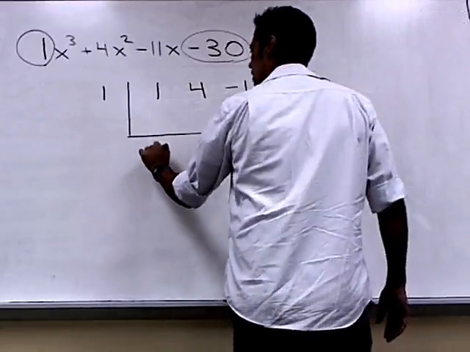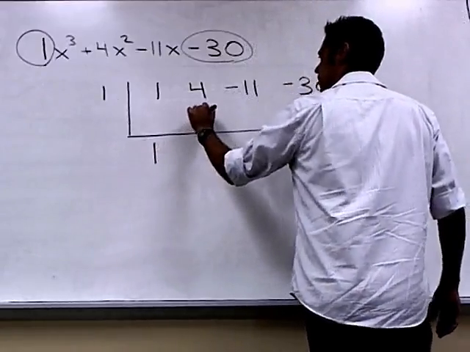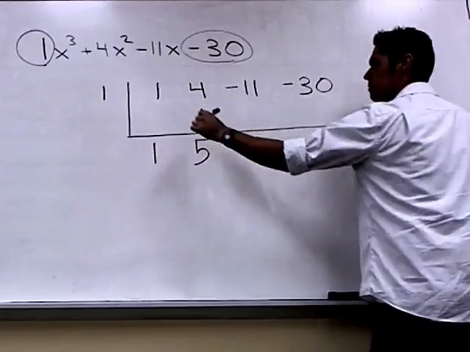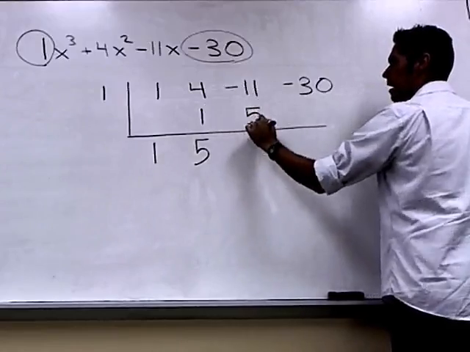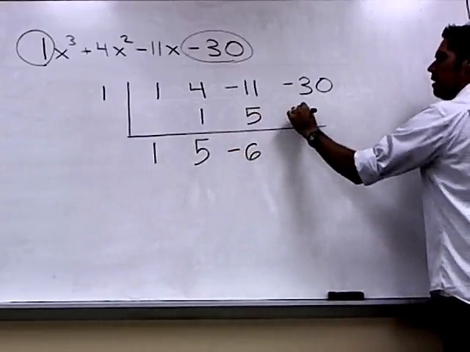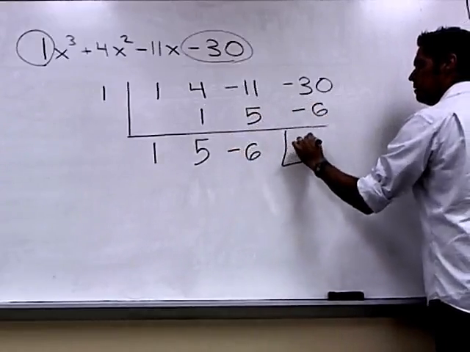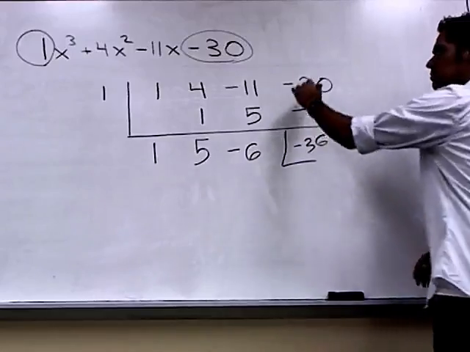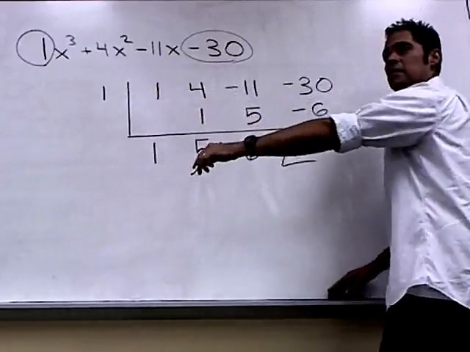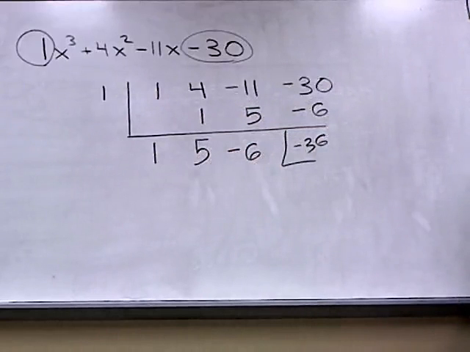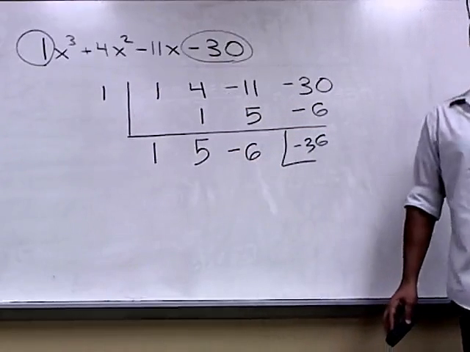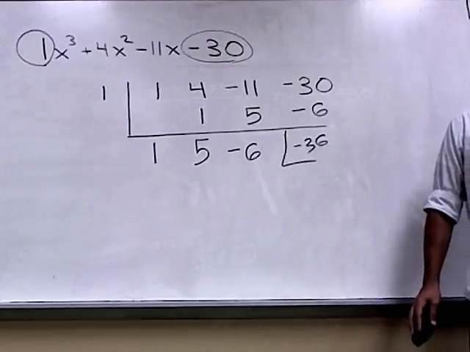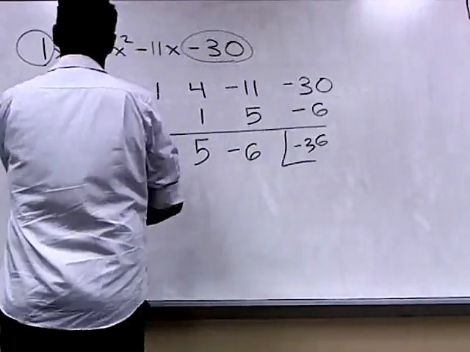Okay, drop down the 1, multiply, add, multiply, add, multiply, add, and so this does not work. Okay? So cross it out and move on to the next number. Now the next number you should use is not 2. Now try -1. All right? So let's try -1 out here instead.